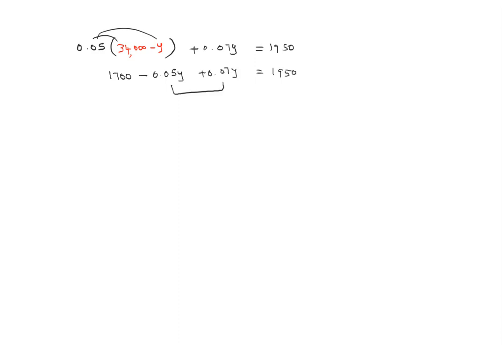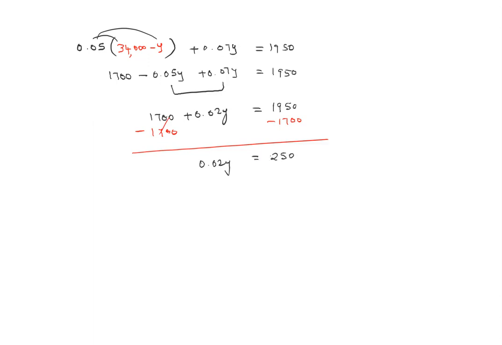So combine this, we get 0.02y, and then move this to the other side. So we get 0.02y equals 250. So divide both sides by 0.02. So we have to use our calculators here. So y is 12,500.